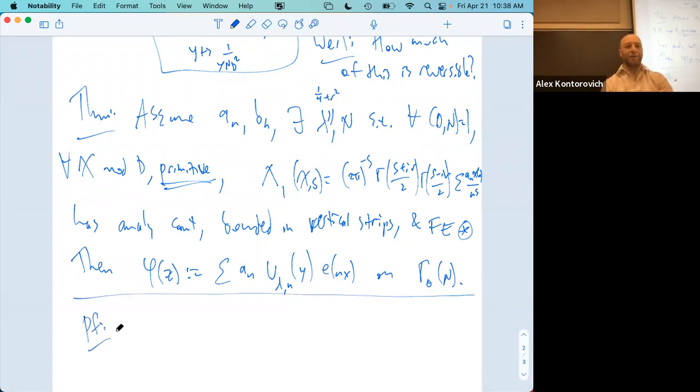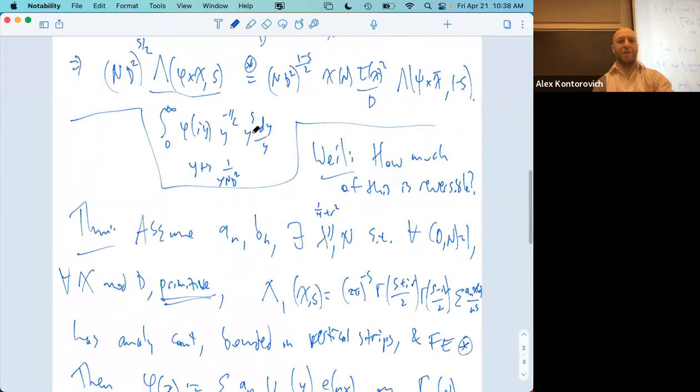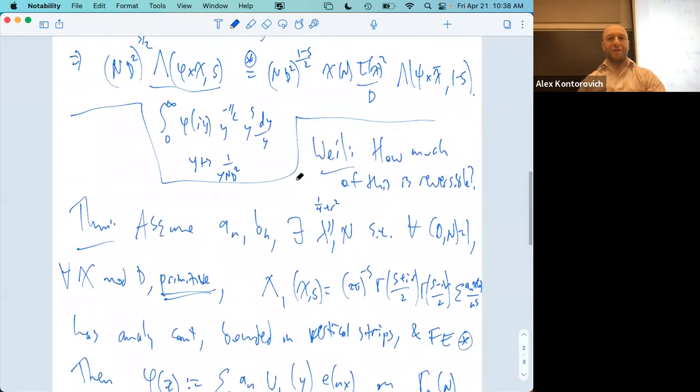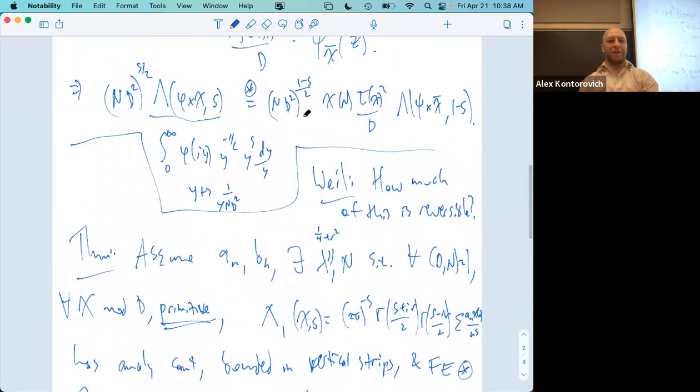So how much of what we just said to derive the functional equation is invertible? Okay, first of all, we can recover from the L function the Mossel. We don't know that it's a Mossel, we don't know that it's invariant, but we can recover the function.